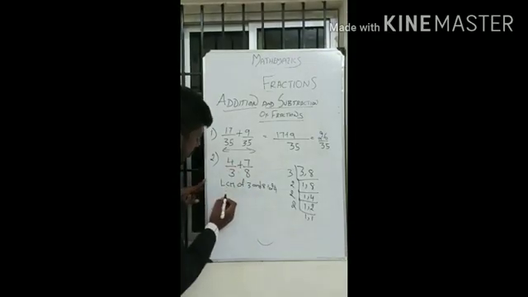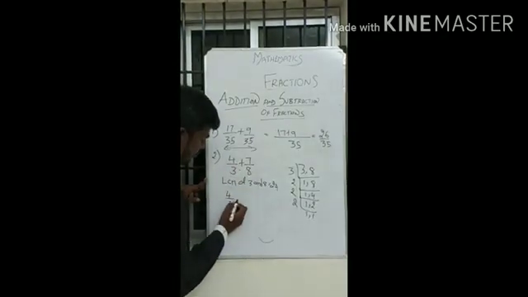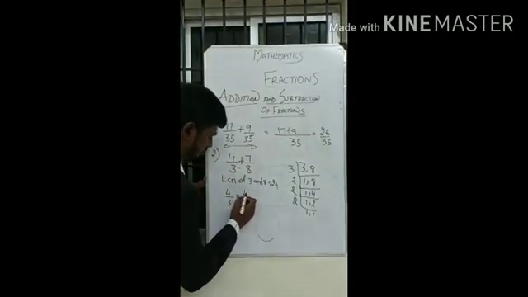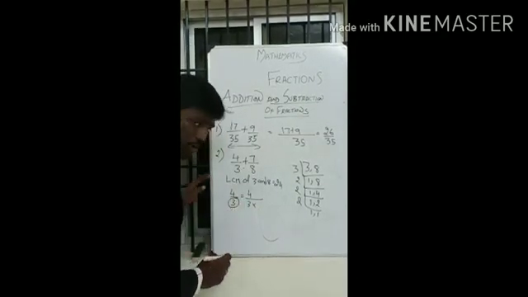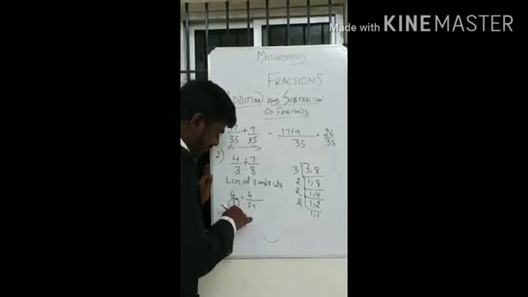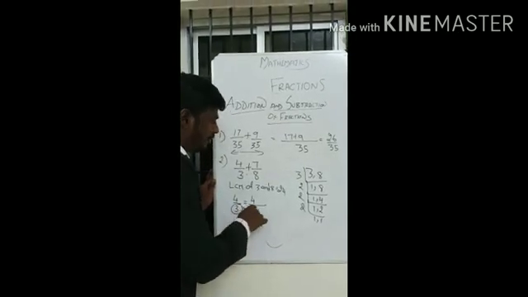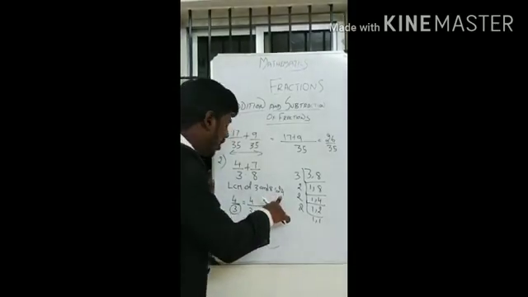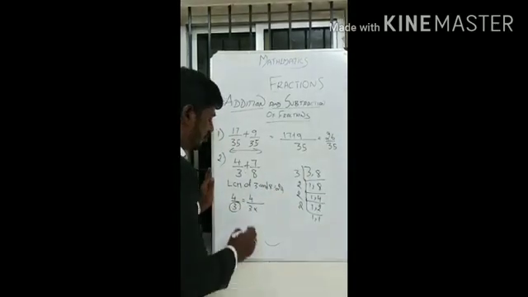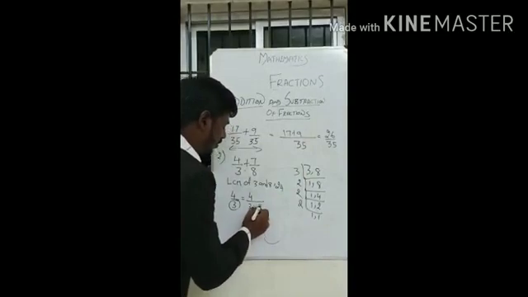Let me go for the first number, 4 by 3. Listen children, very important method, 4 by 3. You see the denominator here. In this denominator 3, you have to see how many times it will get multiplied to make 24. So 3 8s are 24.